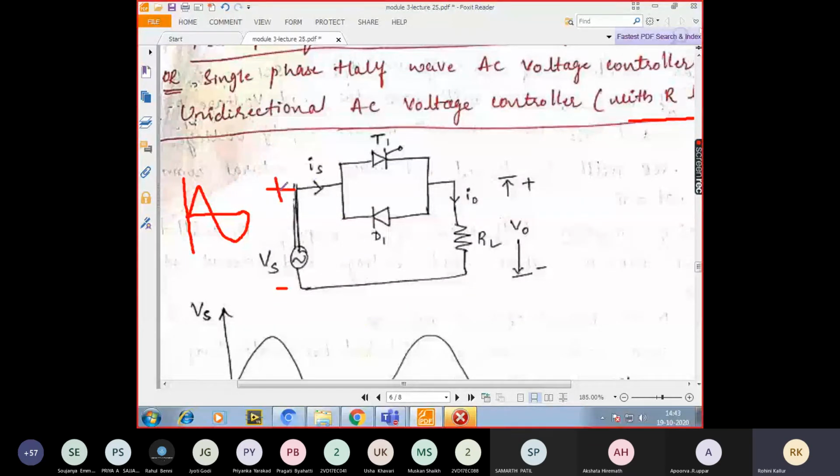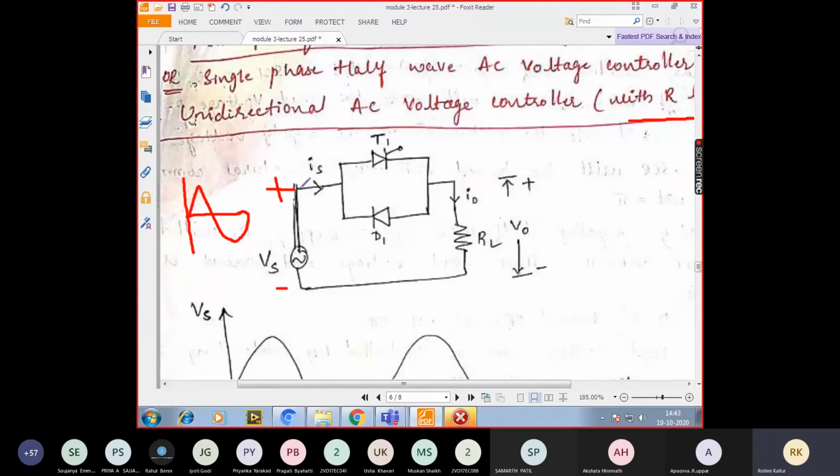Because of this, the positive terminal is applied to the anode of the thyristor and the negative terminal is connected to the negative of the supply voltage. So the thyristor T1 is in forward blocking mode, not conducting. As and when I apply the gate current, the device will start conducting.